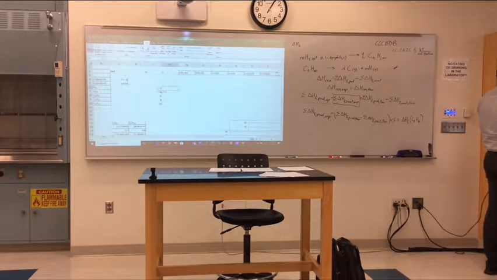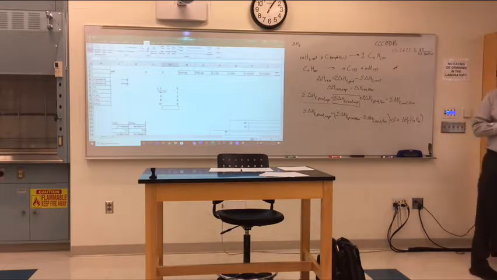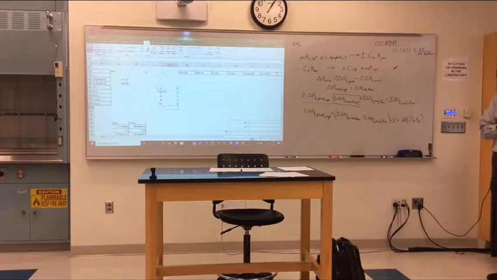H2 has 0 carbons, methane has 1, then 2, then 3, then 4. Okay, the reason we're doing this is we can set up a formula in Excel to automatically calculate stuff, and so you won't have to type it in manually for everything.